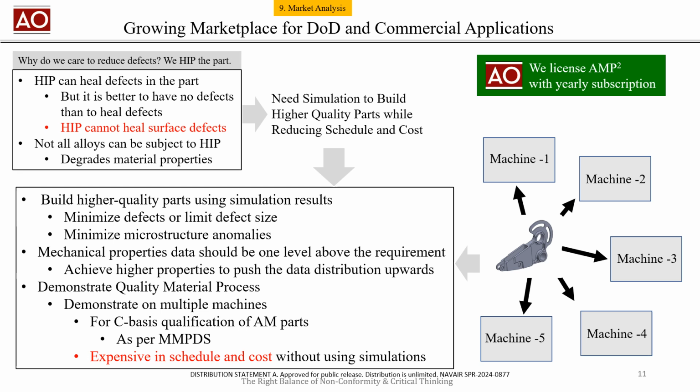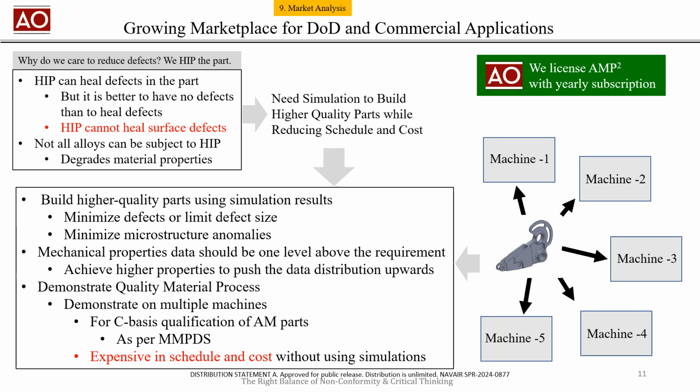We may ask, why do we care to reduce defects when we hot isostatic press the parts to heal defects? It is better to have no defects than to heal defects. Also, hot isostatic pressing cannot heal surface defects, and not all alloys can be subject to hot isostatic pressing because this process results in reduced strength. The simulation is designed to produce higher quality parts.